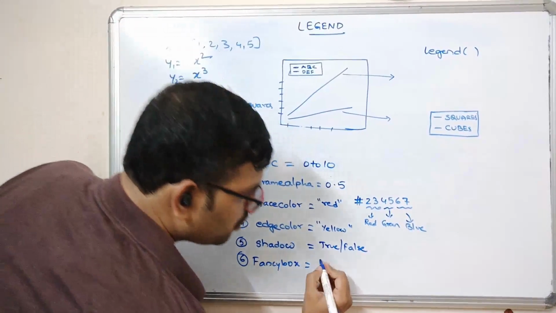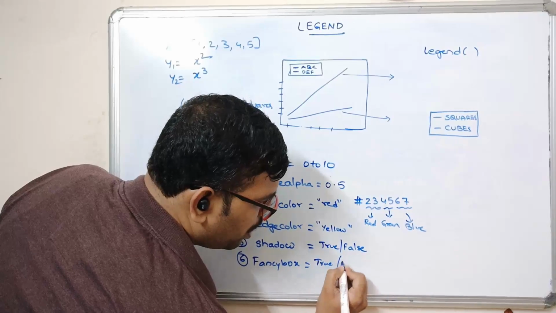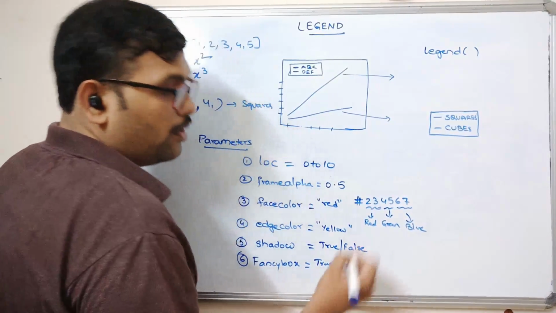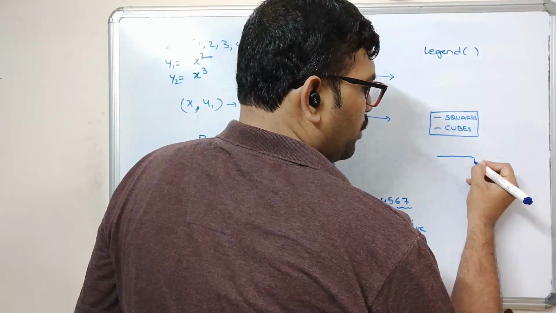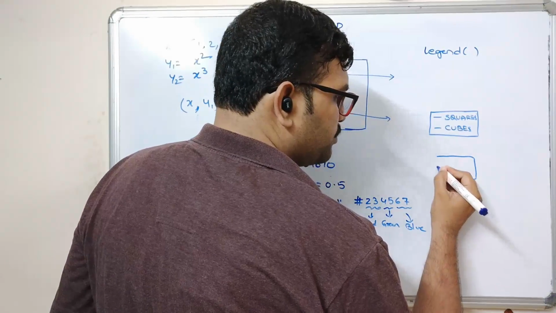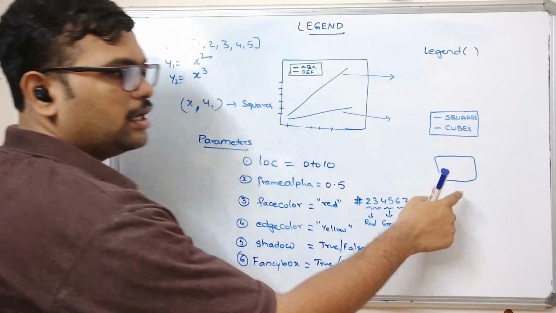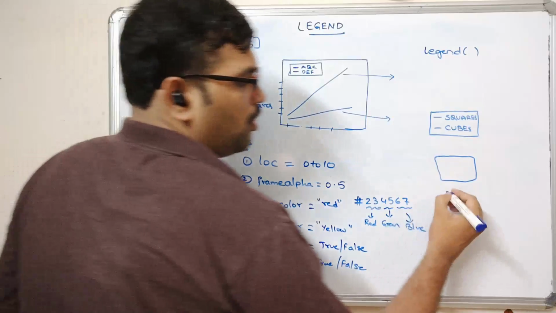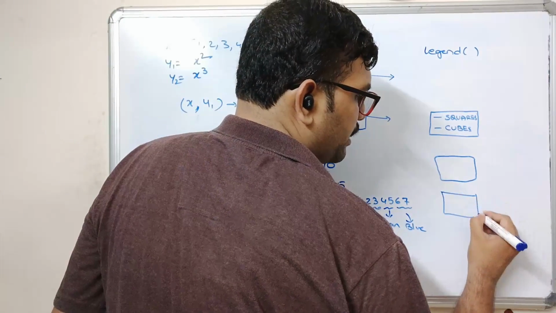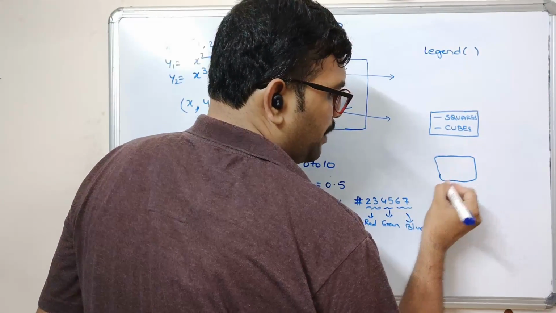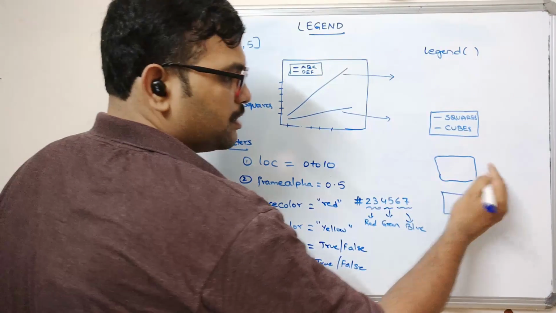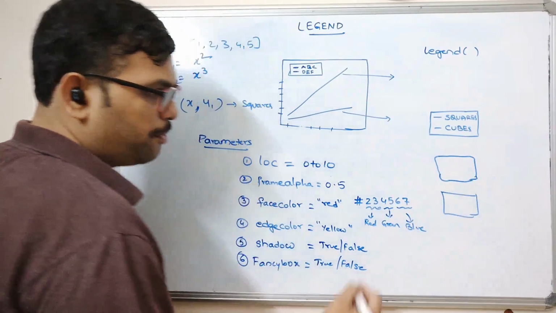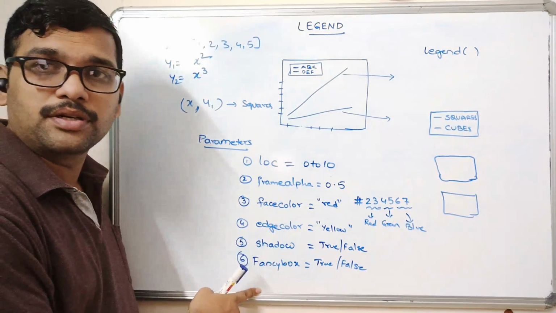This is also either true or false. You can observe the rounded edges in the execution. It may be a rounded rectangle or a simple rectangle. That can be differentiated with the help of the fancy box option, right?